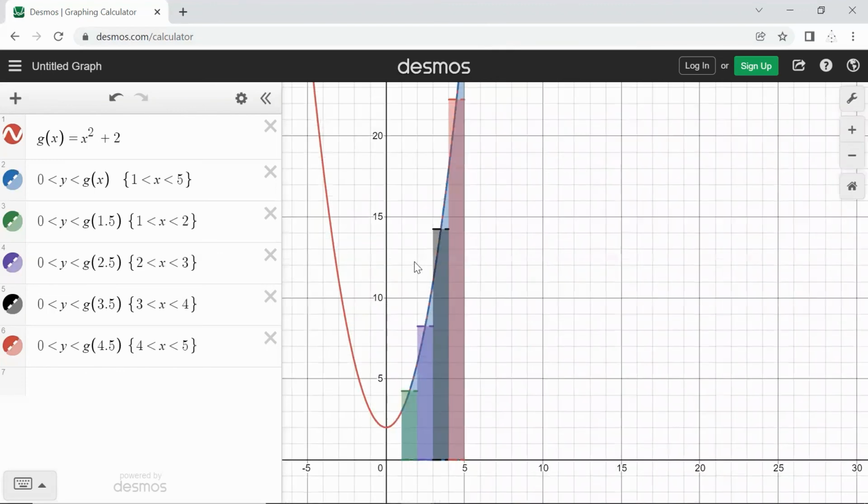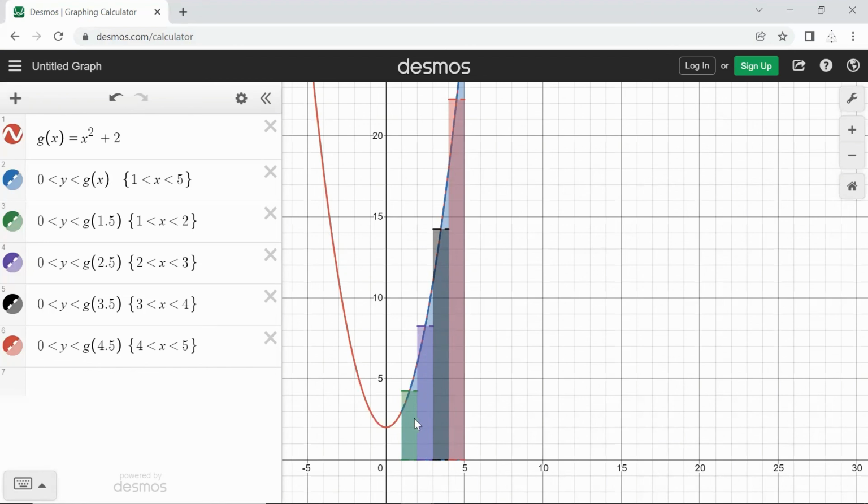Hopefully that makes sense graphically and algebraically. I am not going to force you to do a graph of these things. As you can see, typing in these graphs is sometimes pretty difficult. But I do want you to, at least in the back of your mind, understand that we're creating these rectangles.